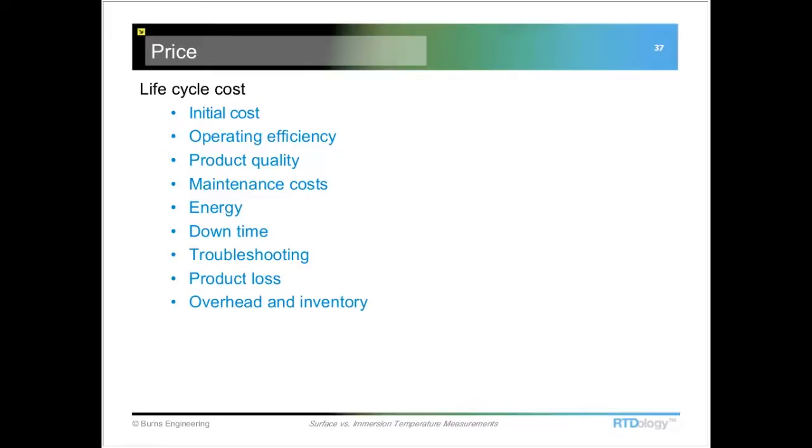So those are the kinds of things that need to go into that accounting equation for the total life cycle cost. And again, the initial cost of the sensor is usually the smallest amount of money that you're going to spend on that temperature measurement point.